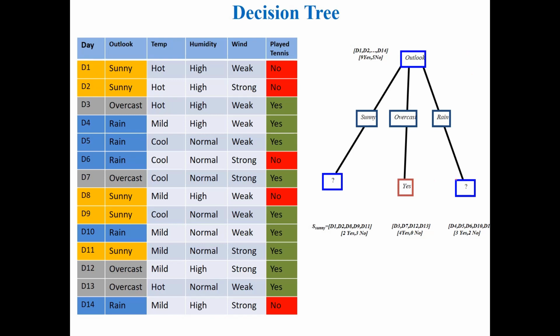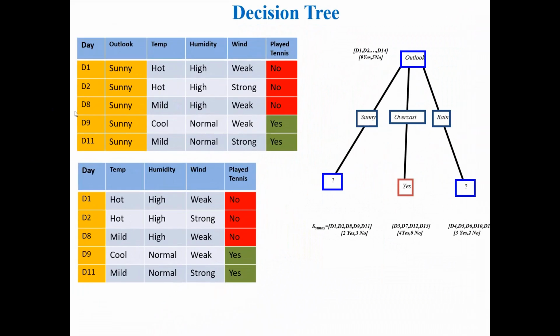Okay, so we have reached up to this point of drawing this decision tree. But now for this sunny and for this rain, we have to consider as an attribute or value, and we have to further do the same calculation. So now we will start with the sunny first. So for sunny, D1, D2, D8, D9 and D11, these are the examples, and we will consider only these D1, D2, D8, D9 and D11 examples.